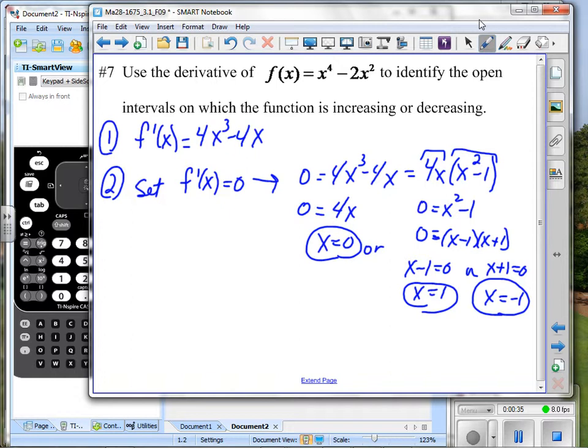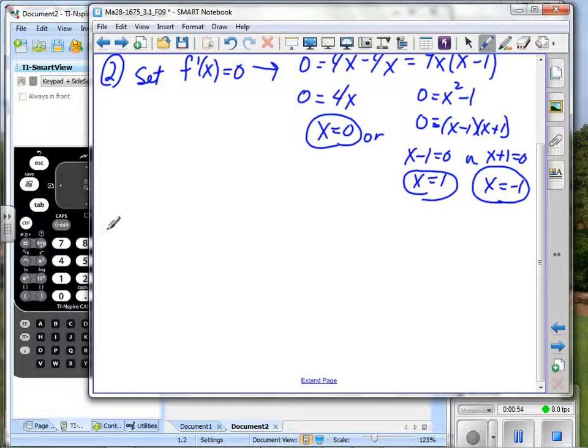So what we can do, and I can't remember now how your book presents this, so I'm going to give it to you in the way that I have in my notes, even though we've got the Inspire that could really help us out a lot. We're going to set up a table, and we're going to look at intervals.